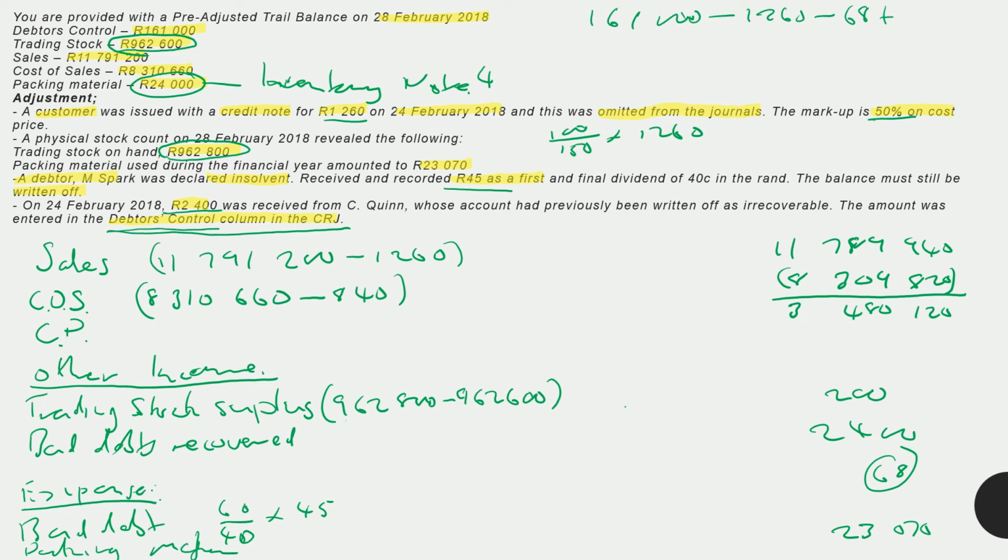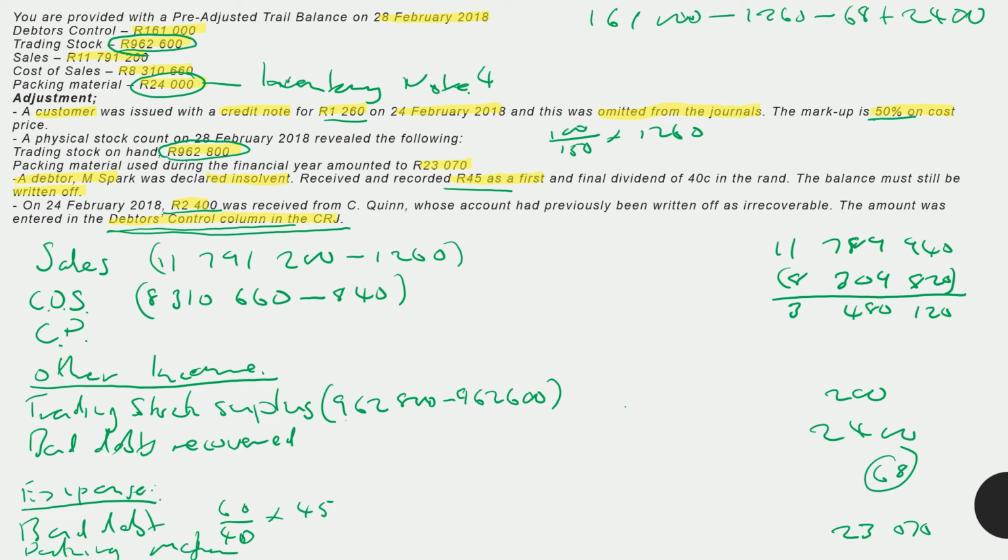Remember, it was posted in the debtors control column in the CRJ. Once you post there, that means it's a deduction. So we're not supposed to deduct that amount, and plus 2,400. That will give us the adjustment on our debtors.